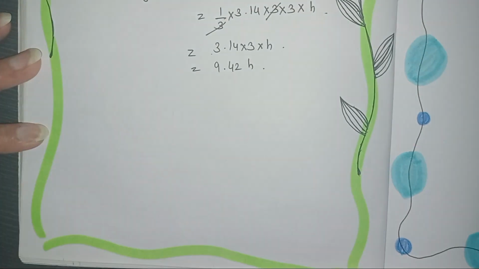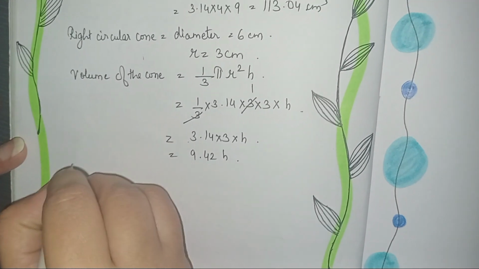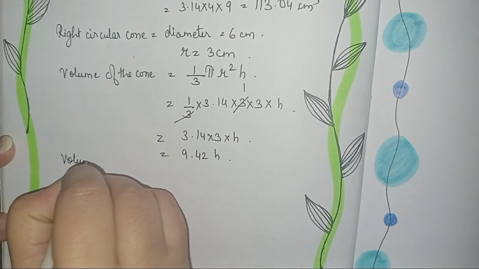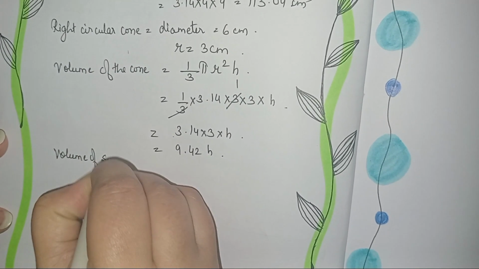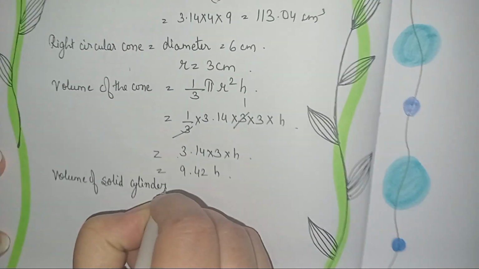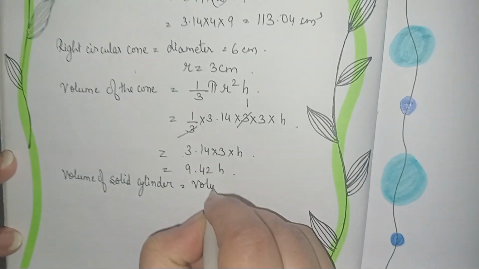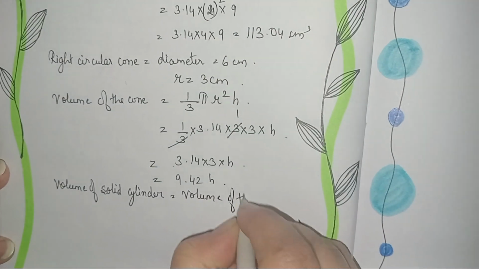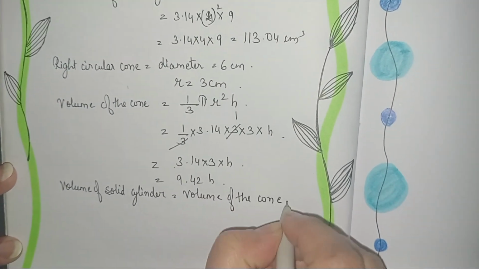So on the comparison, volume of the solid cylinder is equal to volume of the cone, we'll find the height.